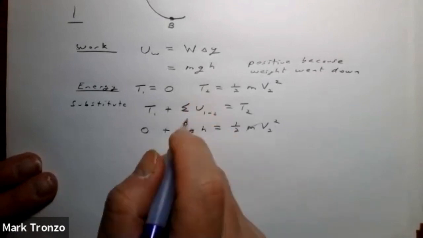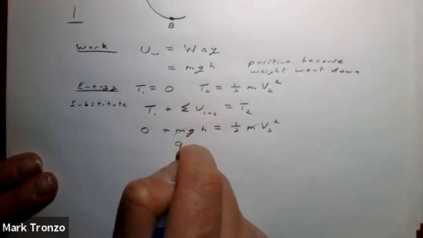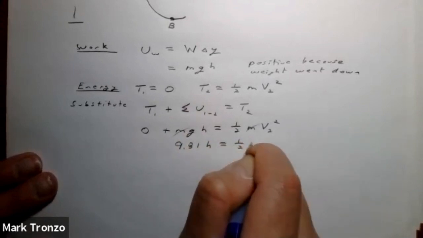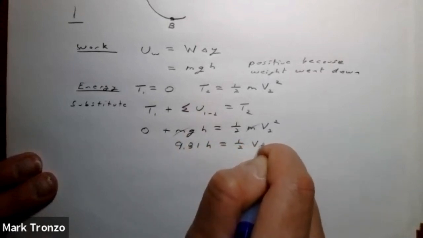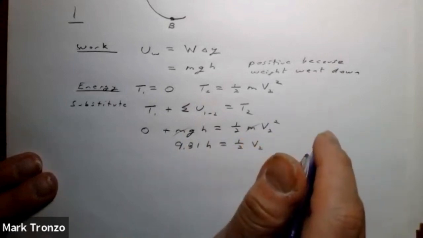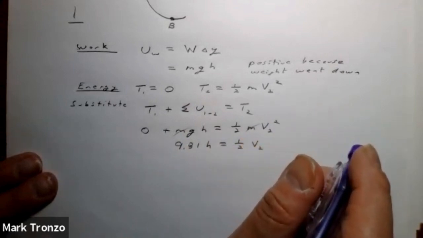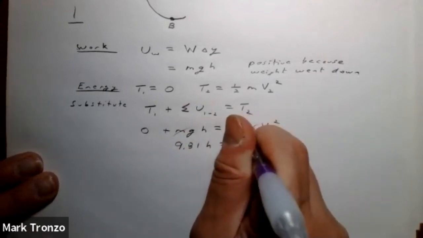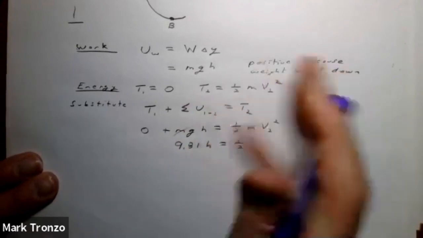And then for g, we can do 9.81 times h. Oh, sorry, I should have had the velocity v2.